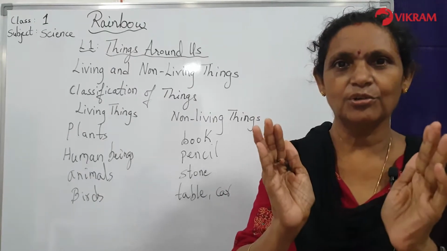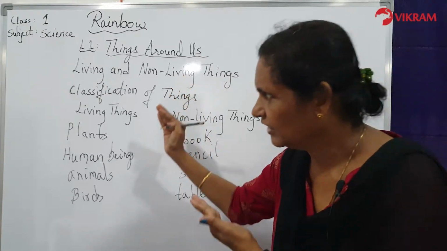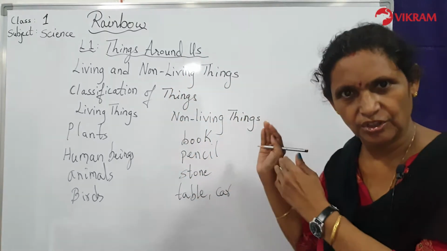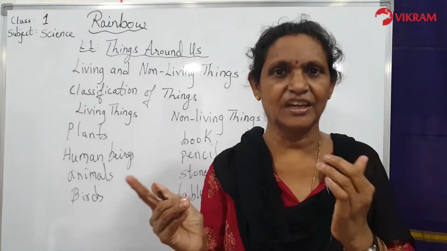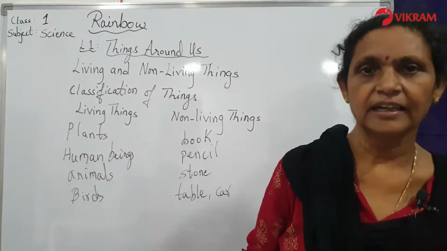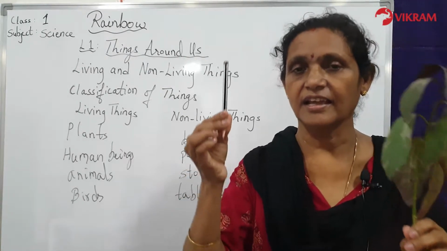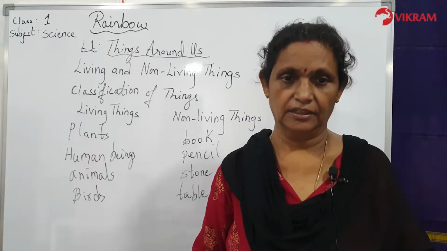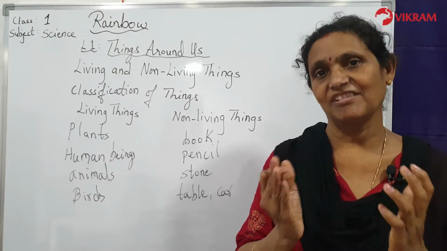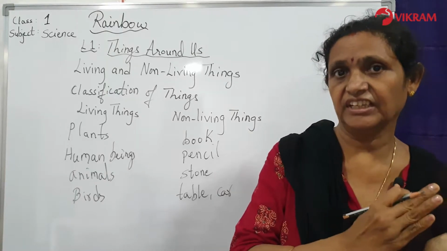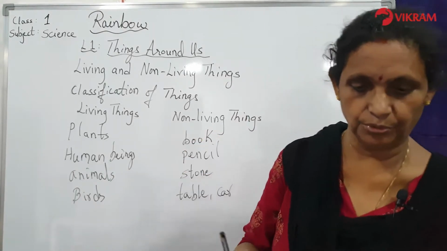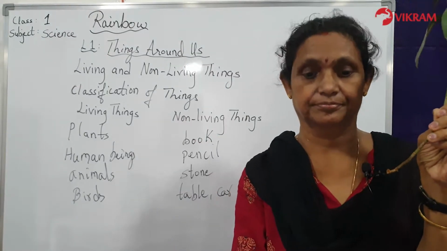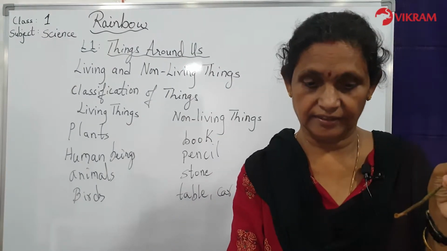Children, so you are going to learn now what do the living things do and what do the non-living things do. So you will be able to understand what the living thing does and what a non-living thing does. Things which have life, they are called living things.